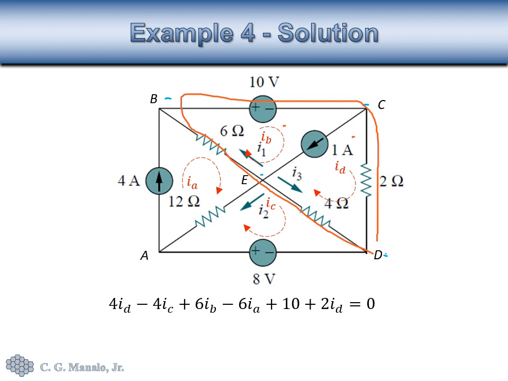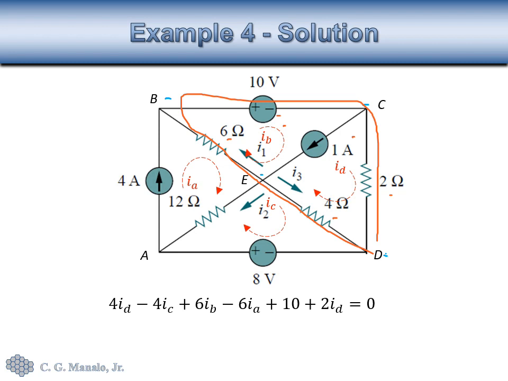So for example, that would mean that we need to add the voltage drop across 6 ohms plus 10 plus the voltage drop across the 2 ohms plus the voltage drop across the 4 ohms. So in doing that, we need to identify the polarity of the voltage drops across the resistive elements due to the loop currents.